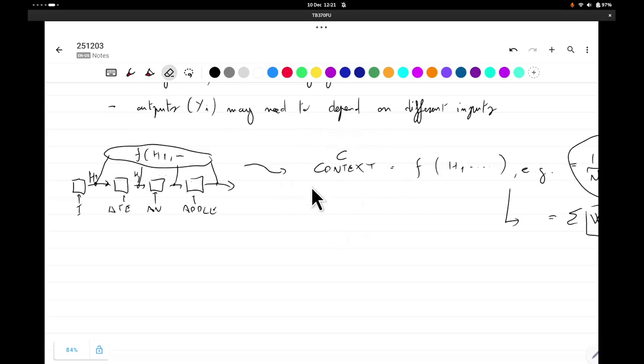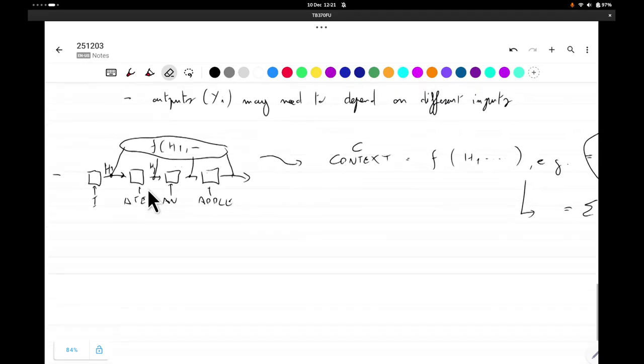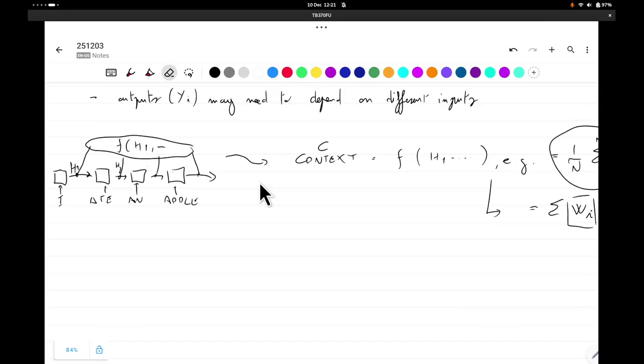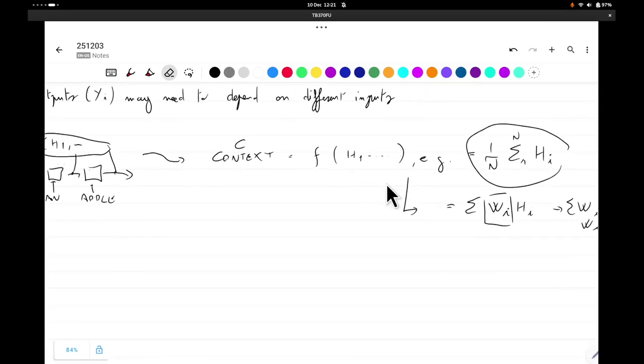So we have this context variable. Say, instead of having as the final output the last state, so this is again our encoder, I encode the words and then I evolve the state function, but instead of using only the final state, I keep in memory the previous states from the previous steps.